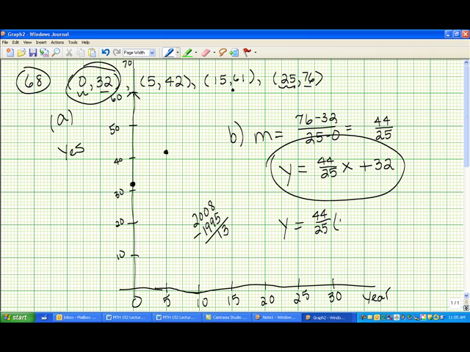Times 13 plus 32. Grab my calculator. Looks like I have put it somewhere else, so I guess we'll multiply this out. That's 572 over 25.